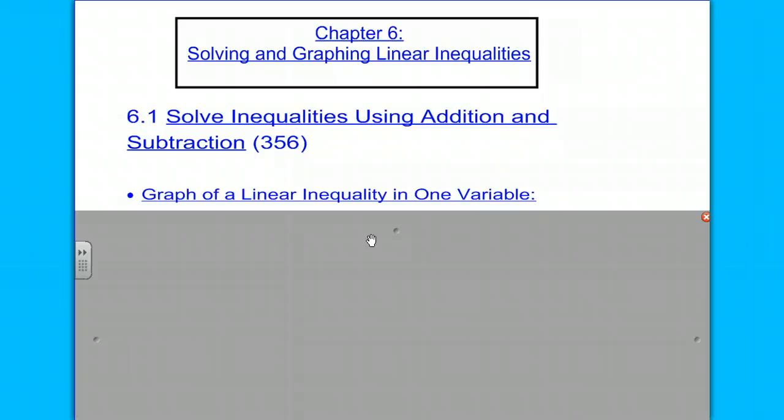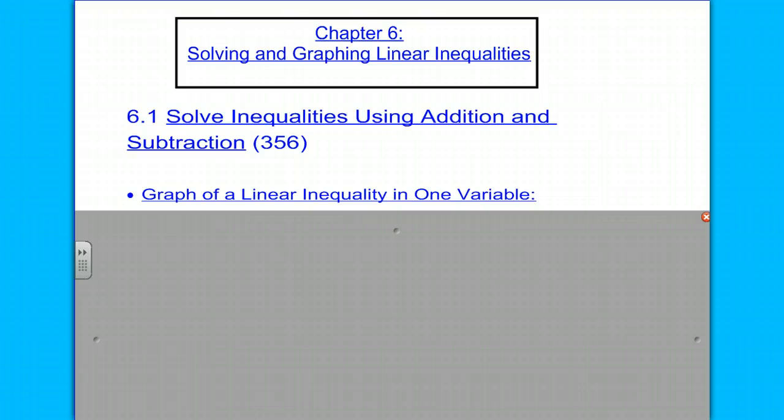What does that look like? How many dimensions do you need to graph in one variable? Anybody? Okay, so when graphing in one variable, you only need one dimension, which looks like what? What's a one-dimensional graph?